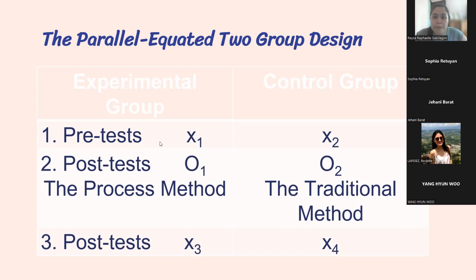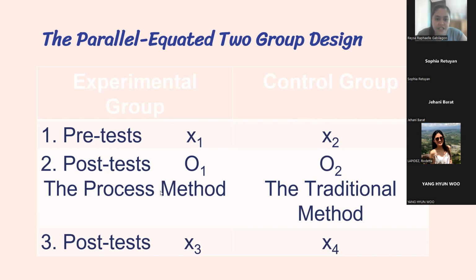So for example, ano ba example nito na study? You will be doing a pre-test for all the students when it comes to their like knowledge about sa certain concept, example sa medtech. Tapos after the pre-test, makikita mo na ito yung level of knowledge nila. Tapos you will be grouping them. Again, walang randomization dito ha. One group will have the process method.